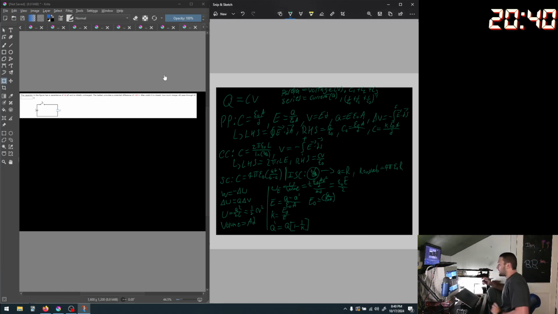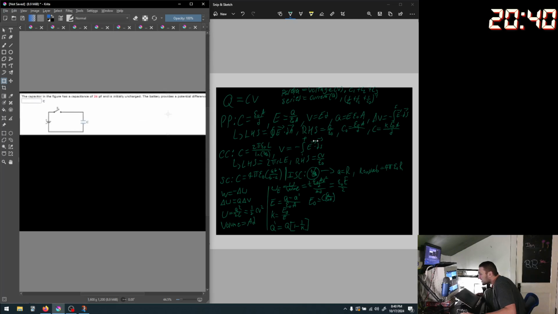Oh, I cannot read any of that. That is completely illegible. Oh boy. So we just need to know that capacitance C, can we match that color?